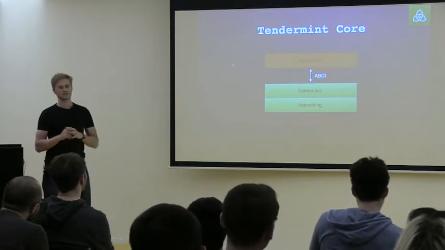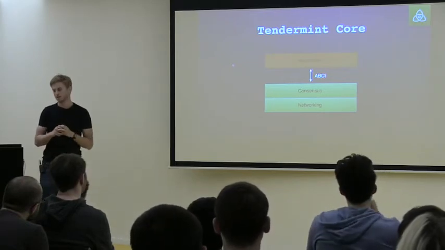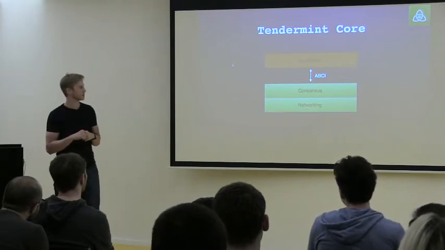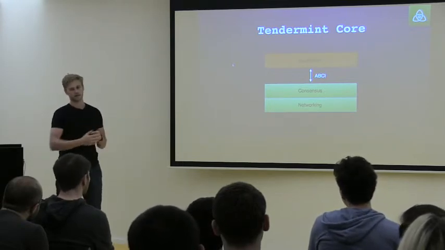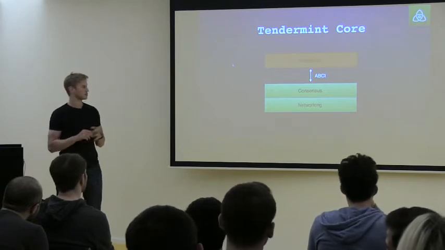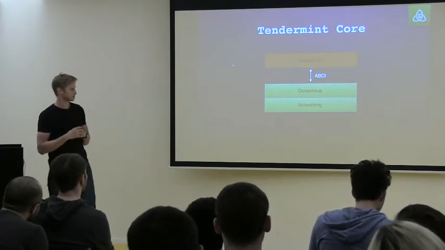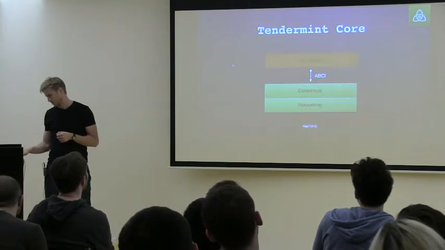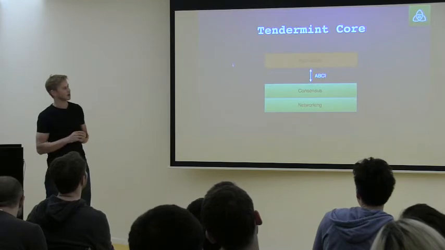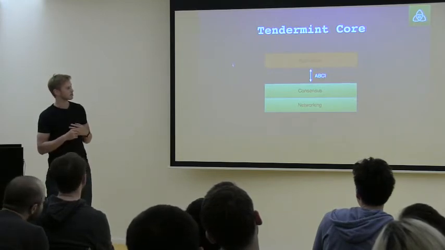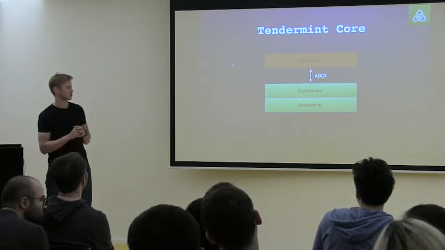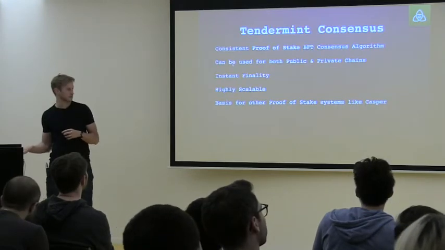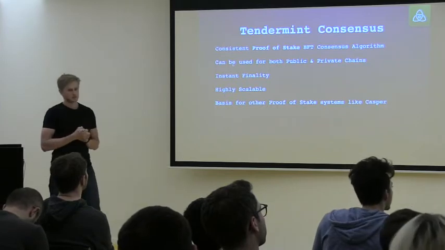This way you have a clean separation: if you write an application, you don't have to care really about the underlying stuff. And there are some other reasons also why you don't have to care about the underlying stuff. So that's how Tendermint is architected at this point. You have applications on top, and you have the networking and consensus. Maybe you can speak a little bit more about the consensus.